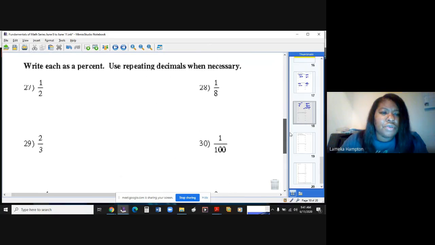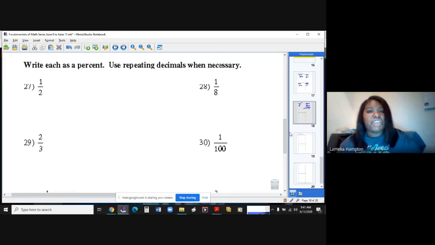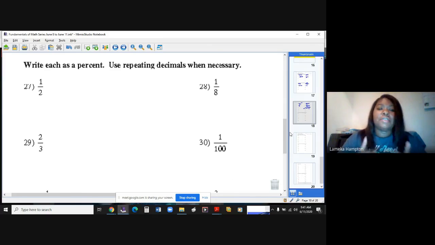All right. Write each fraction as a percent. Use repeating decimals when necessary. Okay, so now we are going from fractions to percents. In yesterday's video, I remember saying the way that you go from a fraction to a percent is as follows. You're simply going to multiply your fraction by 100 over 1.